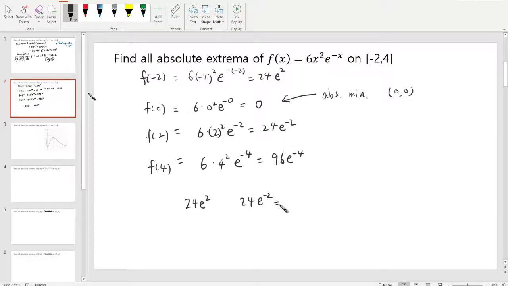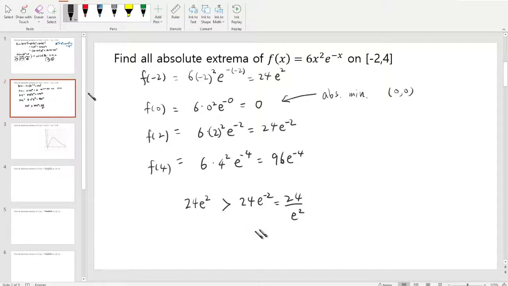This one is 24 over e squared, because the negative power means you have the reciprocal, right? So since e is about 2.7, squared, that's a big number. It's close to like 8. And so 24 times 8 is of course bigger than 24 divided by 8. So this is definitely the bigger one.